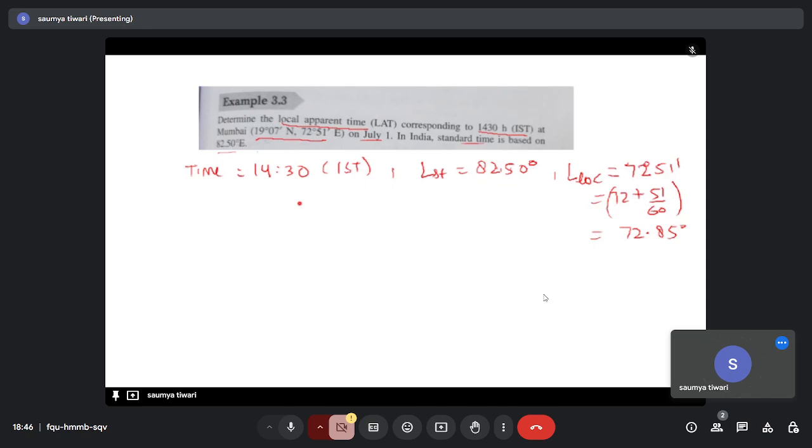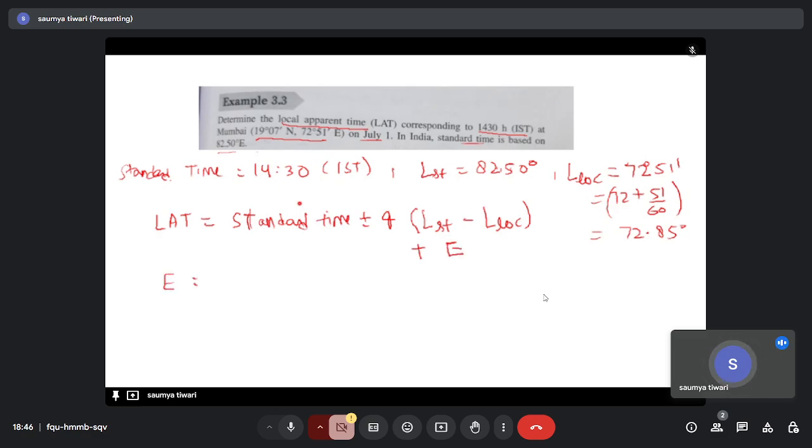Now we know that to calculate the local apparent time, we have one relation: standard time plus minus 4 into (standard time longitude minus longitude of the particular location), and plus the equation of time correction, right?